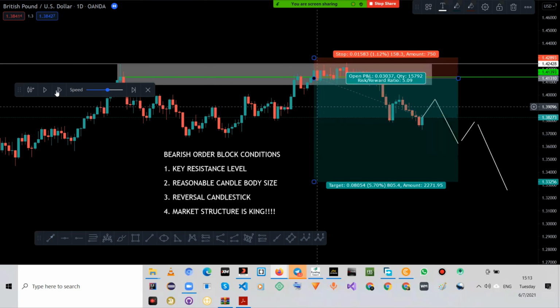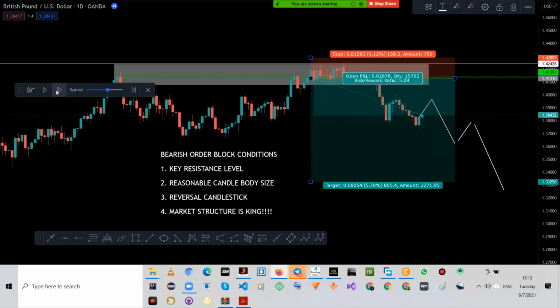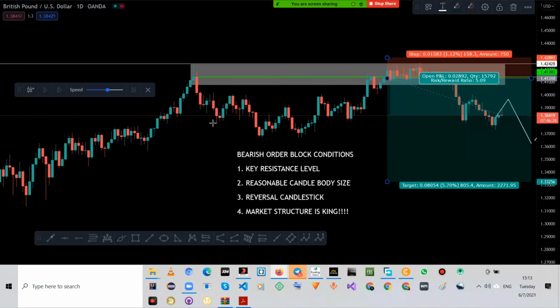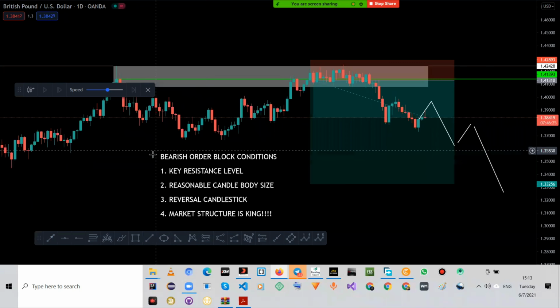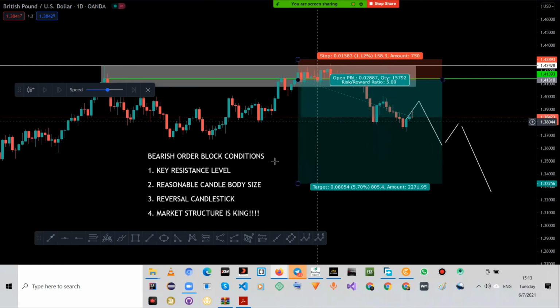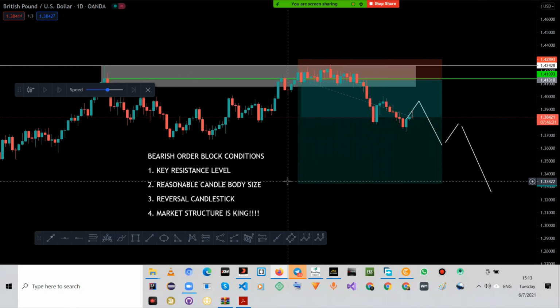So as you can see, just like this. So guys, this is simply how you trade the bearish order block.